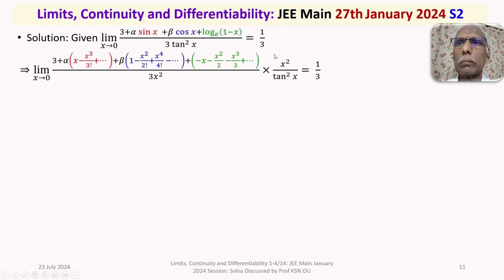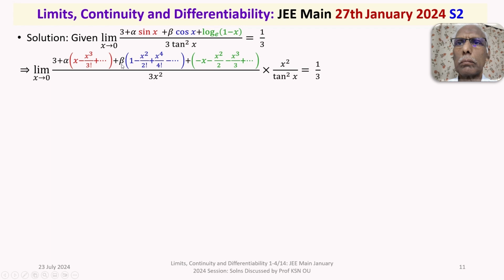We have separated like this. The limit of the product is equal to the product of their limits. That we do in the next step. And we write it as 3 plus beta, that's the constant term, plus alpha minus 1 times x, that is the coefficient of x.